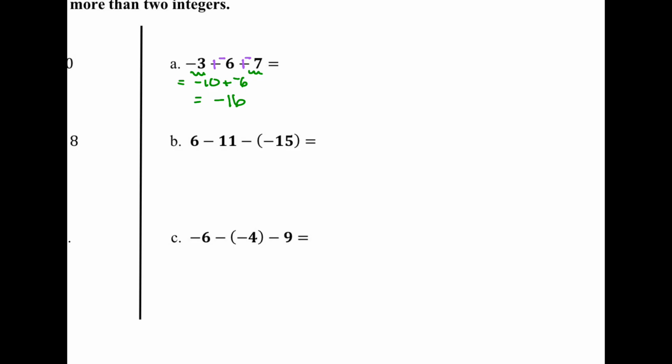Okay, next one. 6 stays. There's a subtract, so we're going to do change. 11 stays. Well, it changed here, right? Okay, so now I'm subtracting a negative. So change. Now I'm adding a positive.